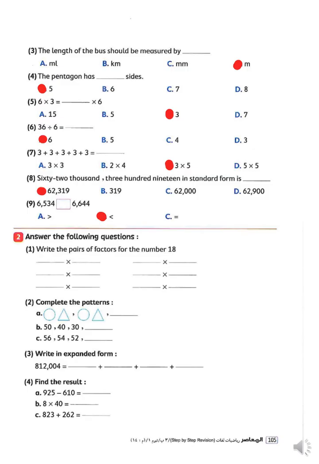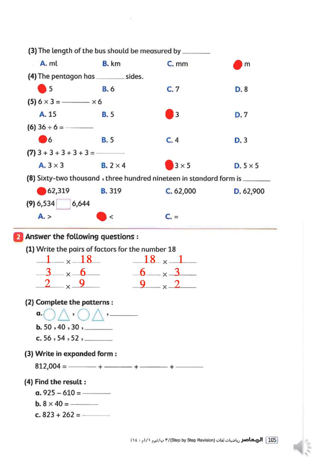Write the pairs of factors for the number 18. 1 by 18, 18 by 1. 3 by 6, 6 by 3. 2 by 9, 9 by 2.